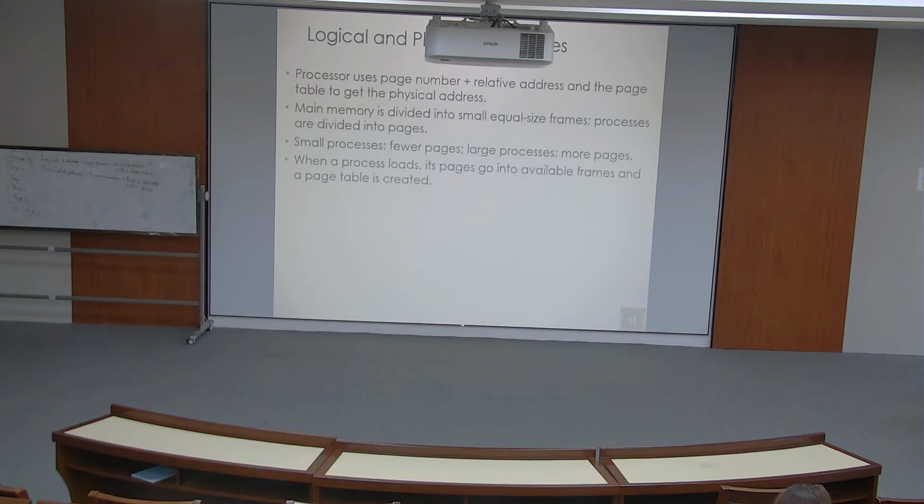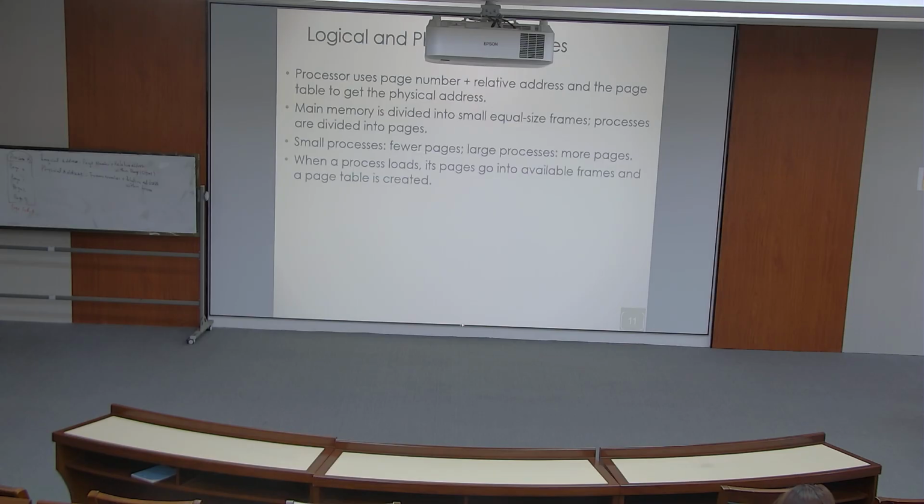Now, the processor uses the page number as well as the relative address and the page table to get the physical address of a logical address. Main memory is divided into frames, and the processes are divided into pages. This is something that we have seen. So small processes have few pages, and bigger processes have more pages.